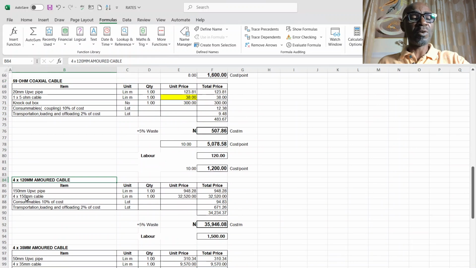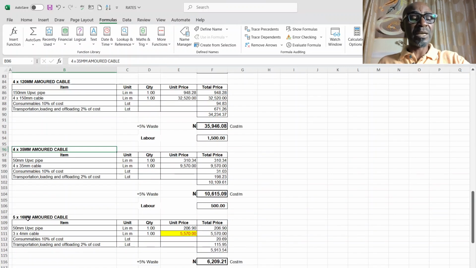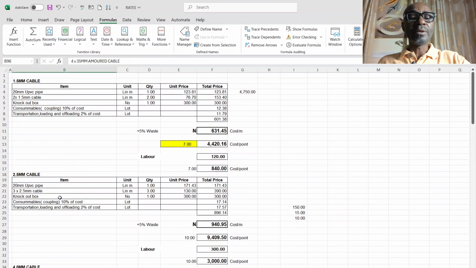Then I have unit rates for armored cables: 4 by 120, 4 by 35, 4 by 5 by 16, 5 by 10, 3 by 1 armored cables. So what I did is, to price these items in meter, I am getting the cost of 631 for 1.5.